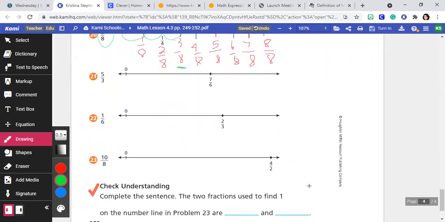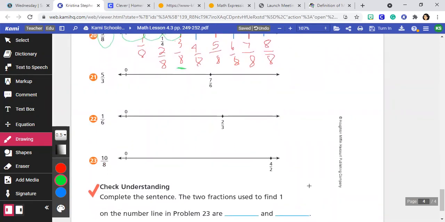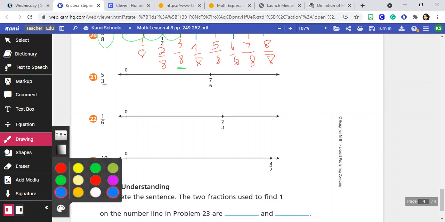Okay. Number 21 is another case of denominators that are different. So we have sixths here, not thirds. So I'm going to first try to find where 1 is. Well, if that's 7/6, I know that 1 has to have the same denominator that we have right here. So I'm going to look, where's 6/6?